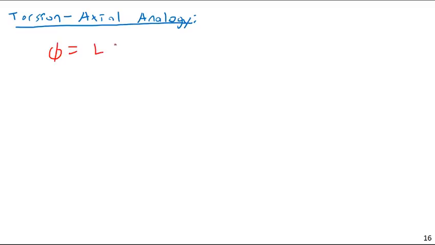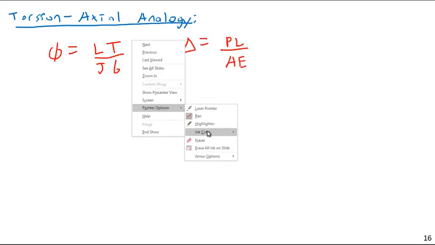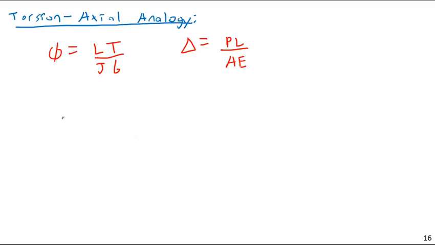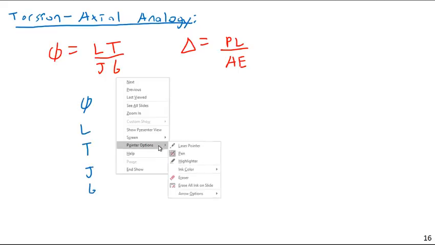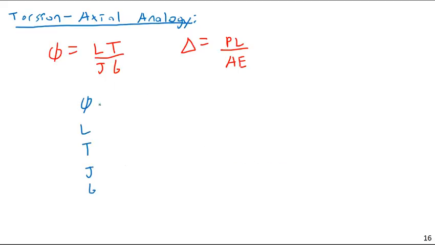So we have these two relationships here. Phi equals LT over JG, and delta equals PL over AE. So we can see the analogs of each other. We have a few variables: phi, L, T, J, and G. And I'm going to use a little symbol, a fuzzy equal sign, meaning these are analogous.